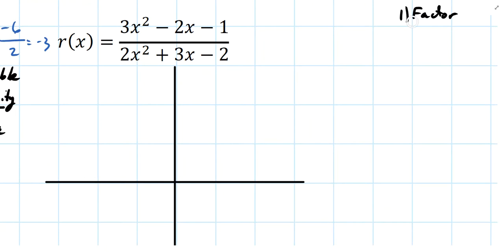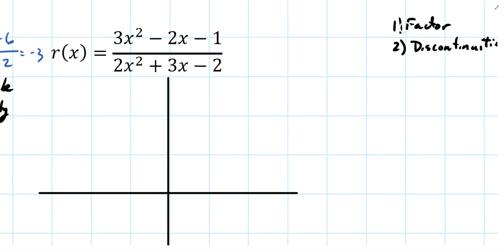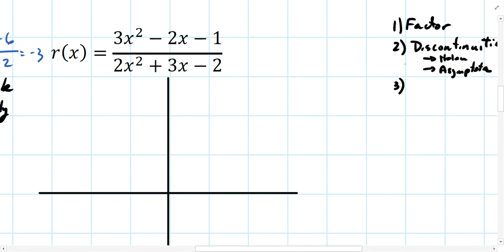I think before I do anything, though, I'm going to factor first, and once I'm finished factoring, I'll identify any discontinuities. This will help me find any holes or asymptotes, vertical asymptotes anyway. And once I've identified the discontinuities, the holes and the asymptotes, then I would probably try to sketch a graph.